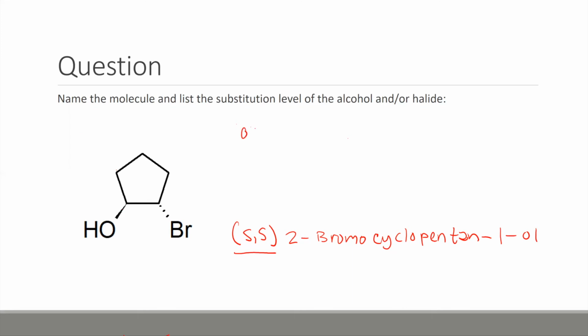For the OH, this is bonded to 2 other carbons, so it's a secondary alcohol. And for the bromine, its carbon is also bonded to 2 other carbons, so it's a secondary halide.